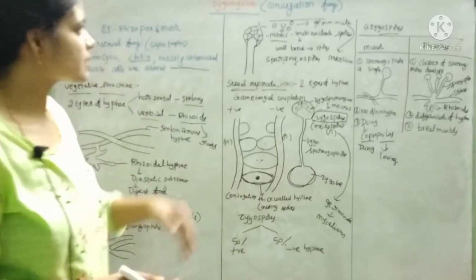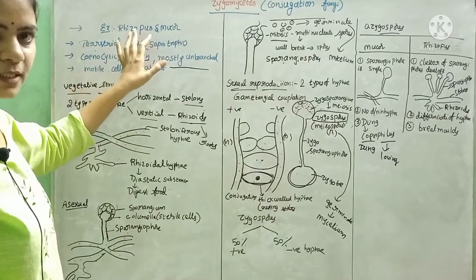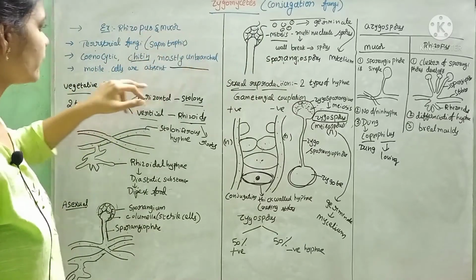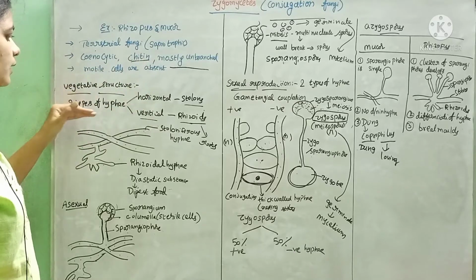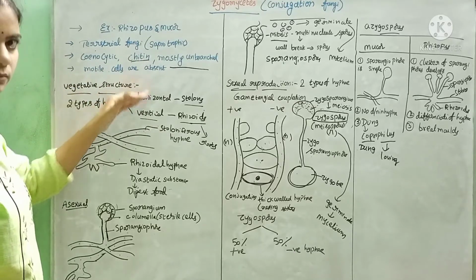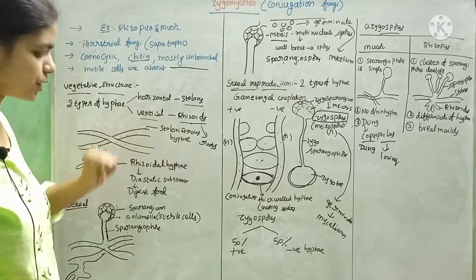This is about zygomycetes. They are commonly called conjugation fungi. Examples are Rhizopus and Mucor. The cell walls are made up of chitin, and in the vegetative structures the horizontal ones are called stolons and the vertical ones are called rhizoids.